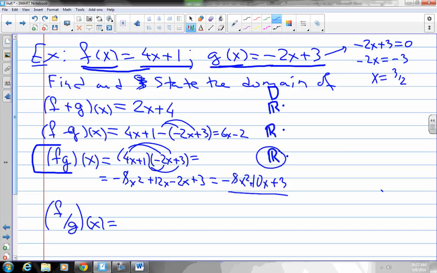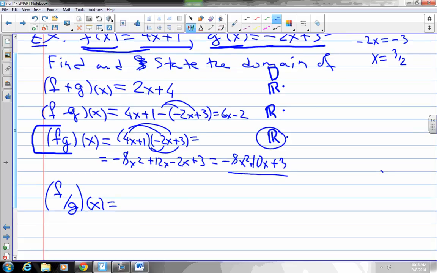So x cannot equal 3 halves, because that's what makes g equal 0, and we're putting g in the denominator. The fraction itself is going to be 4x plus 1 over negative 2x plus 3, and the domain here is all real numbers except for 3 halves. X cannot equal 3 halves. And you can actually see that just by looking at the function. Everything else works except for whatever makes the denominator equal 0, right?